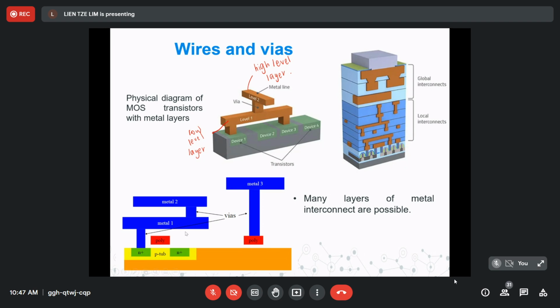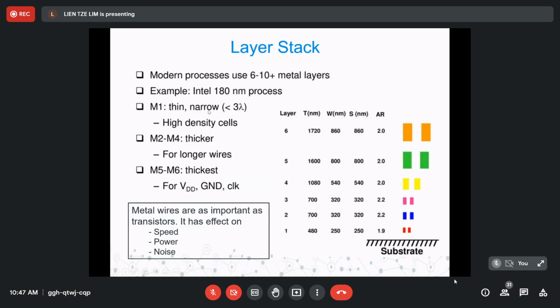This is a 2D view, from the side view. Many layers of metal interconnects are possible. Modern processors use 6 to 10 metal layers. For example, the Intel 180 nanometer process.